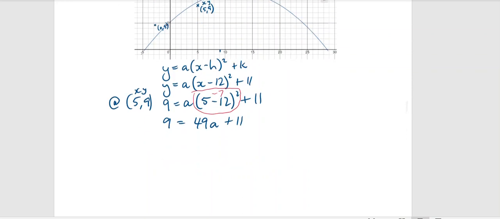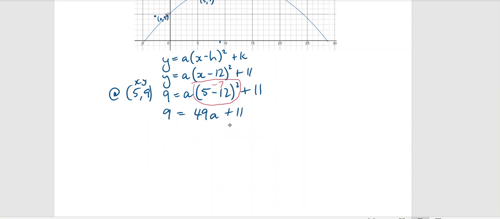And we go through our order of operations now, and we go, let's subtract 11 from both sides. Now that's going to give us negative 2 equal to 49a, and then let's divide both sides by 49.